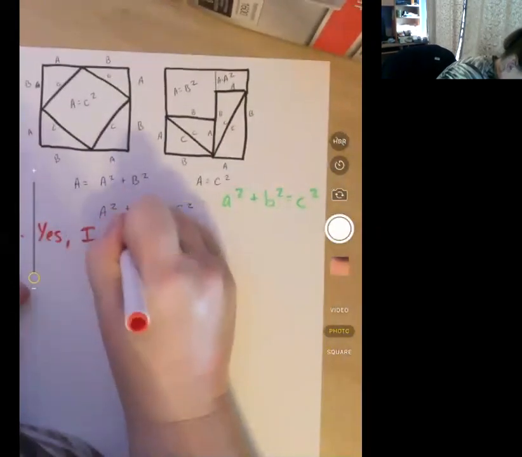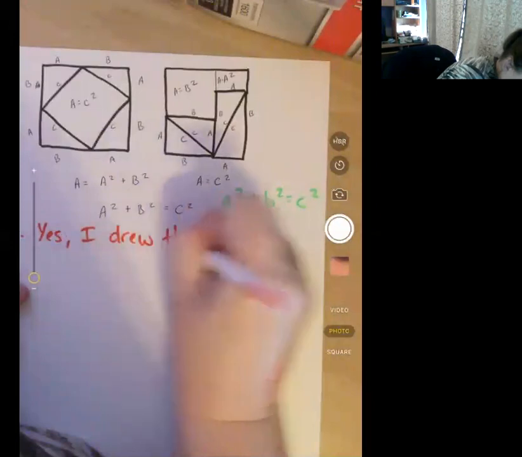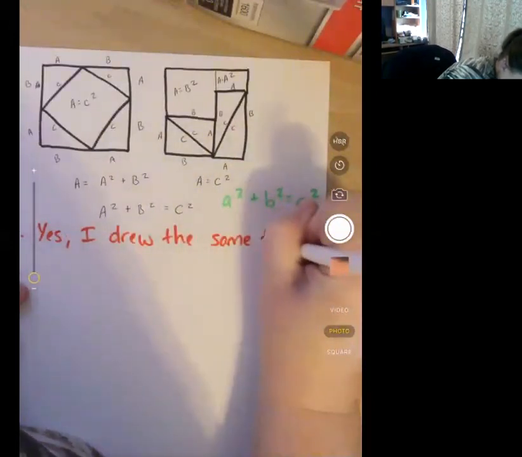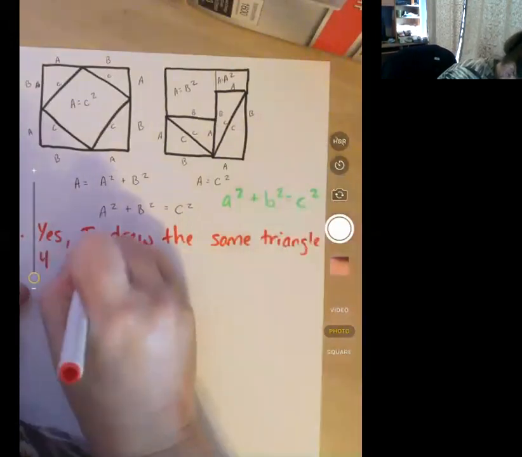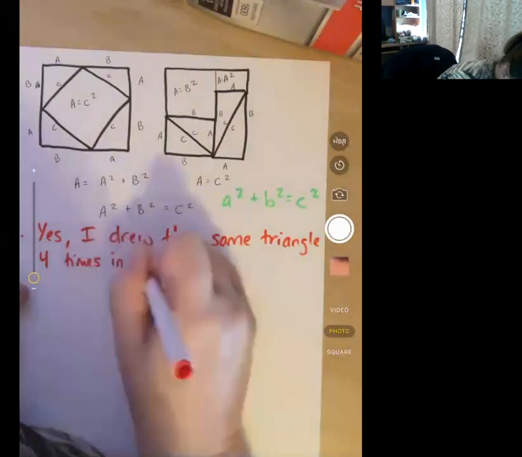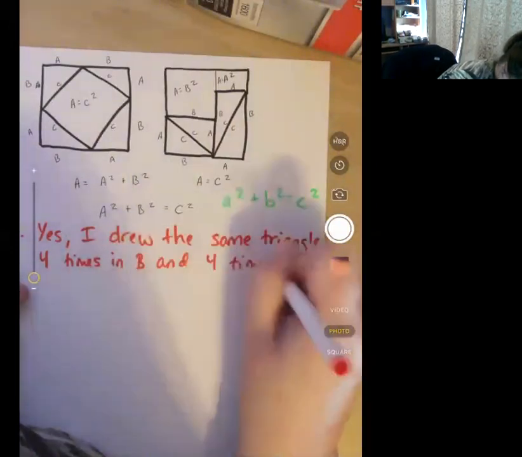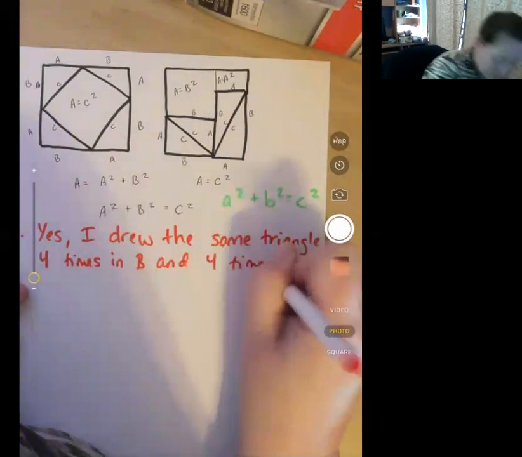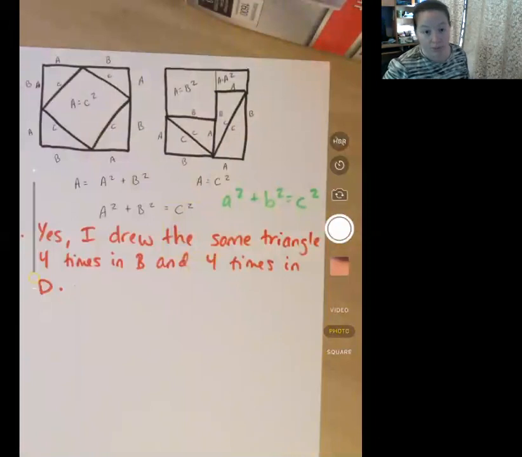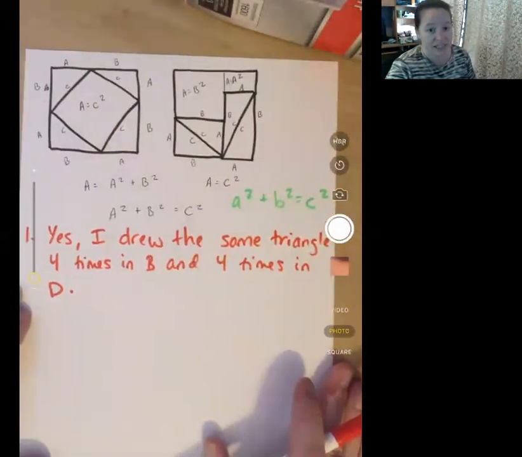I drew the same triangle 4 times in B and 4 times in D. So if we draw the exact same shape, the exact same number of times in both of them, we will end up with it being the exact same.